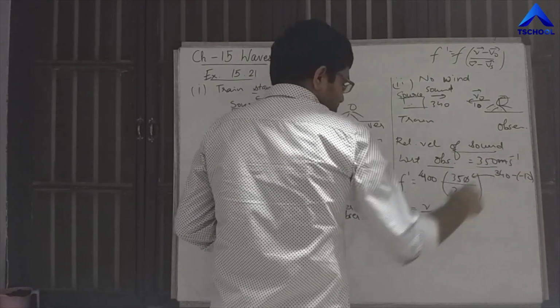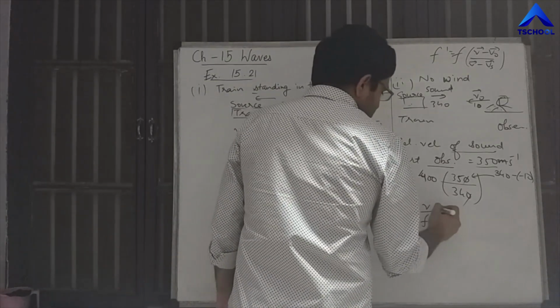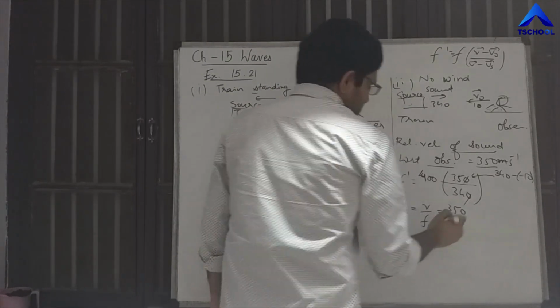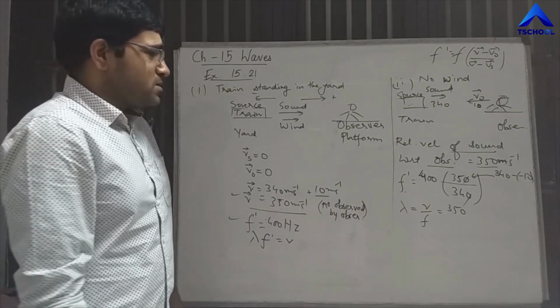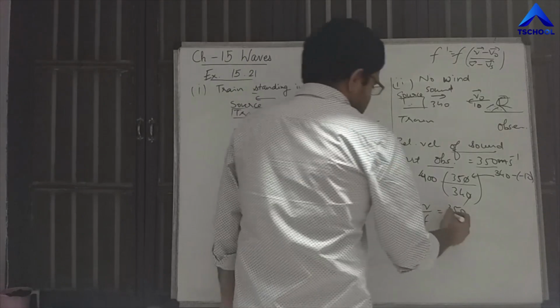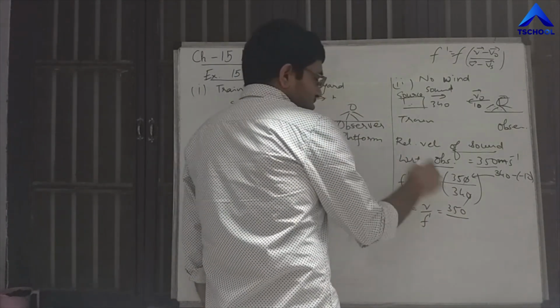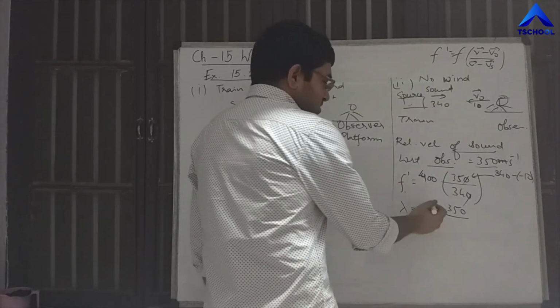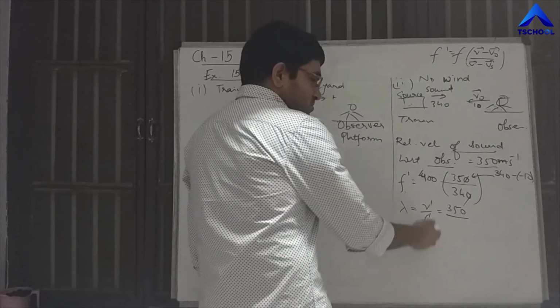So you know V is 350, right? I hope you understand what we are doing. Okay, and that divided by F dash, because the frequency that is heard by the observer is this. So actually you are doing this, the relative velocity upon the frequency heard.